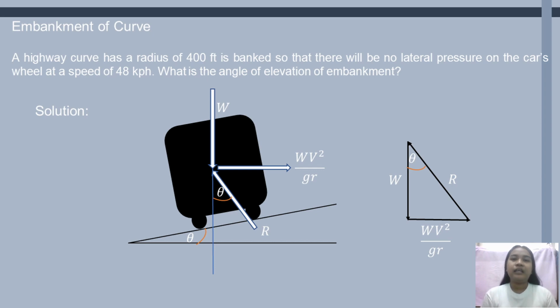By applying Newton's second law of motion in this embankment curve, we can get that the y-axis will be the weight and the x-axis will be the weight times the velocity squared over the acceleration due to gravity times the radius.